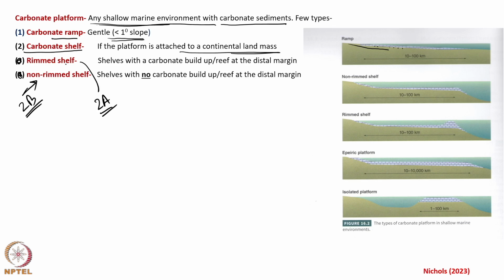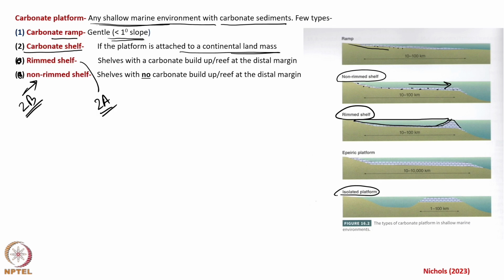In a non-rimmed shelf, carbonates are deposited here and it is not surrounding any region. This side is open, whereas in a rimmed shelf, the carbonate mound is there, and in this way this portion of the sea is surrounded and it is called a rimmed shelf.